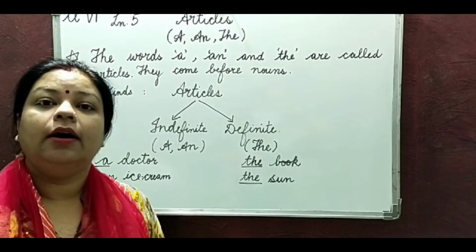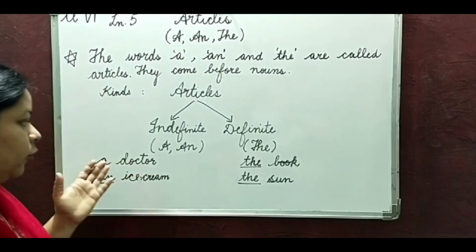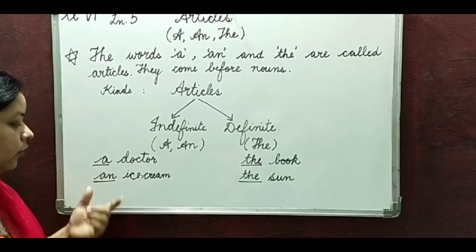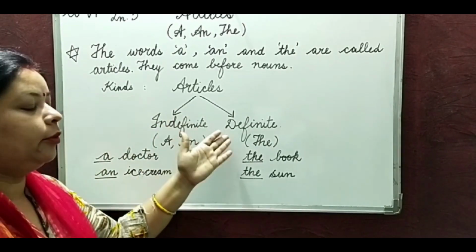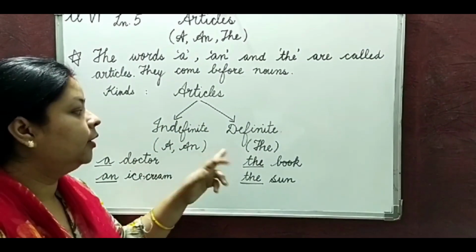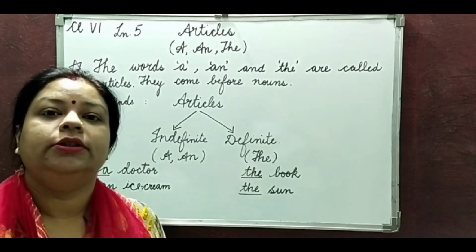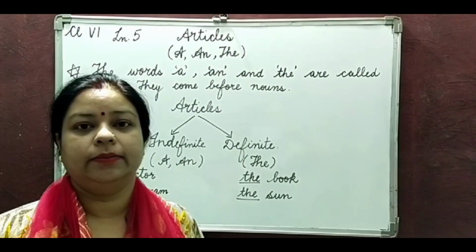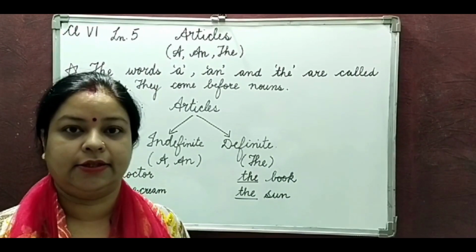Such as a pen, an apple. Some more examples, a doctor or an ice cream. After that, taking the example of definite article, the book, the sun, the moon, or the United States of America. These are some examples of definite and indefinite articles.